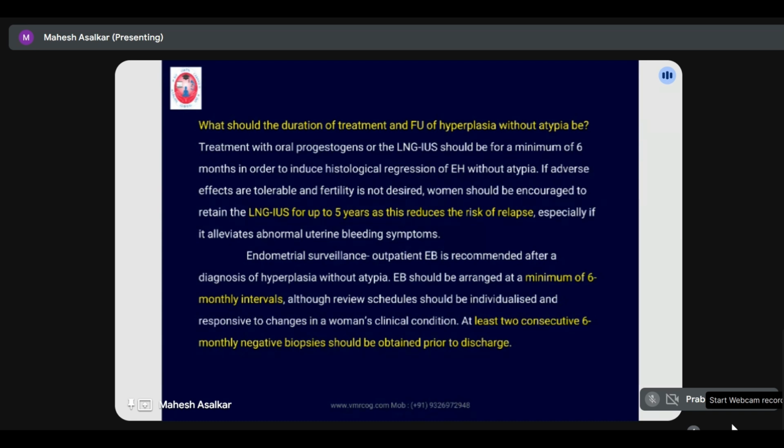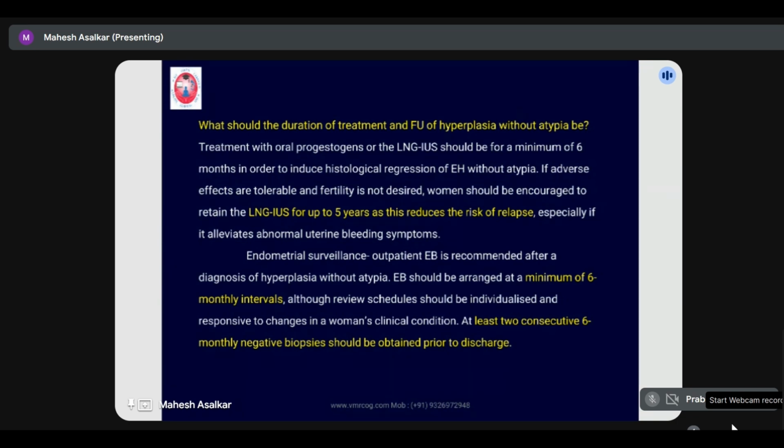In that case, you will carry out the 6 monthly endometrial biopsy, and if you get 2 negative endometrial biopsies, she can be discharged from the follow-up.